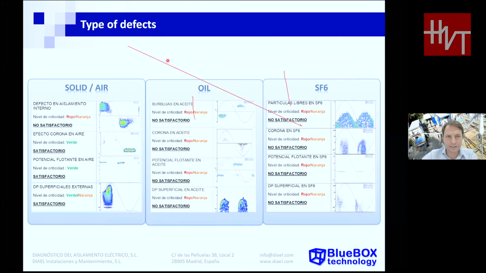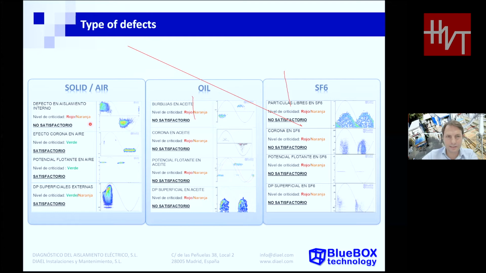So we need to distinguish where the PD is located. Is it affecting a solid insulation, air insulation, oil insulation, or SF6 insulation? And when we know the type of phenomena affecting each type of insulation, then we can establish a criteria based on experience.